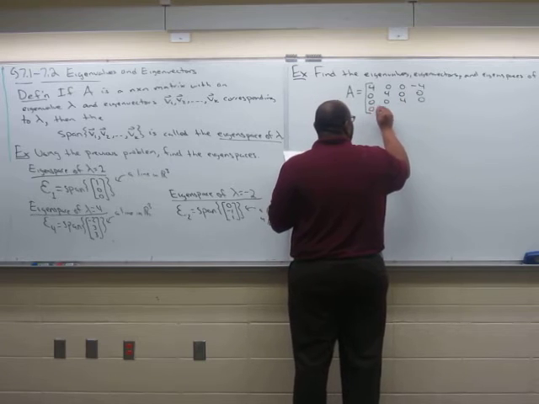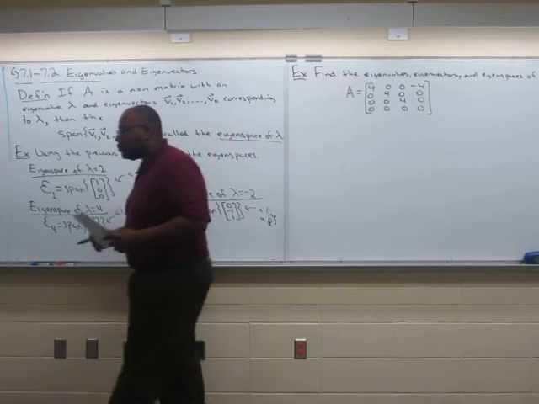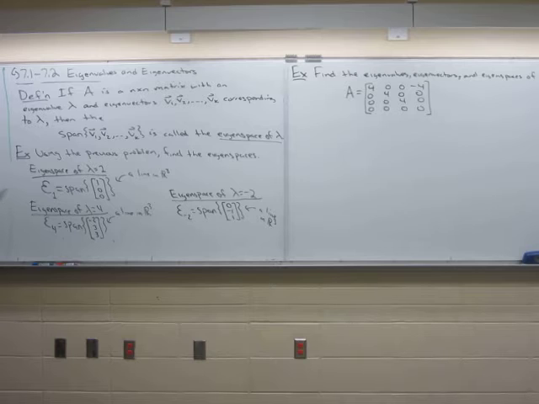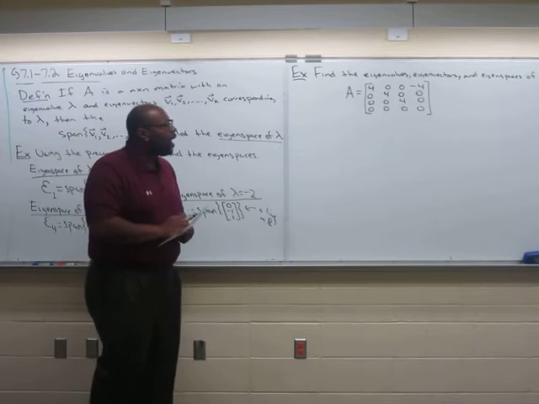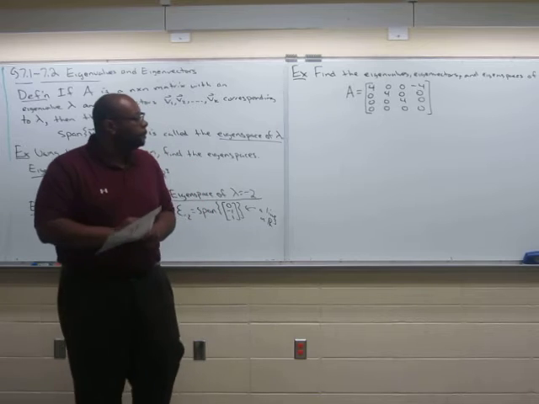And then I have a row of zeros. So find the eigenvalues and eigenvectors and eigenspaces of this particular example.